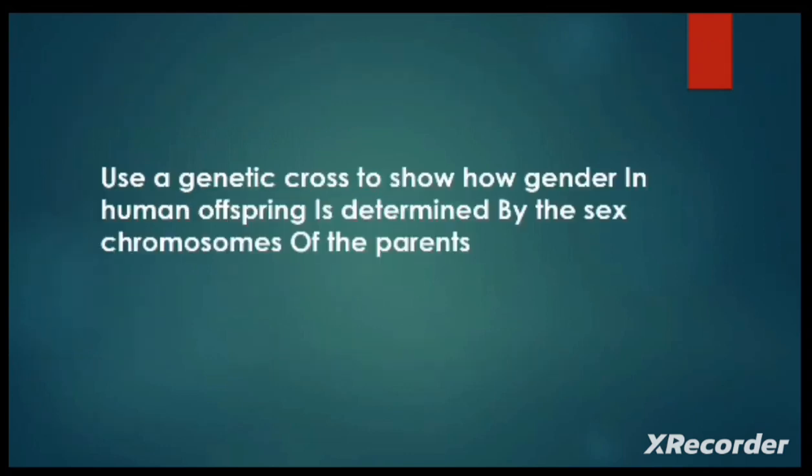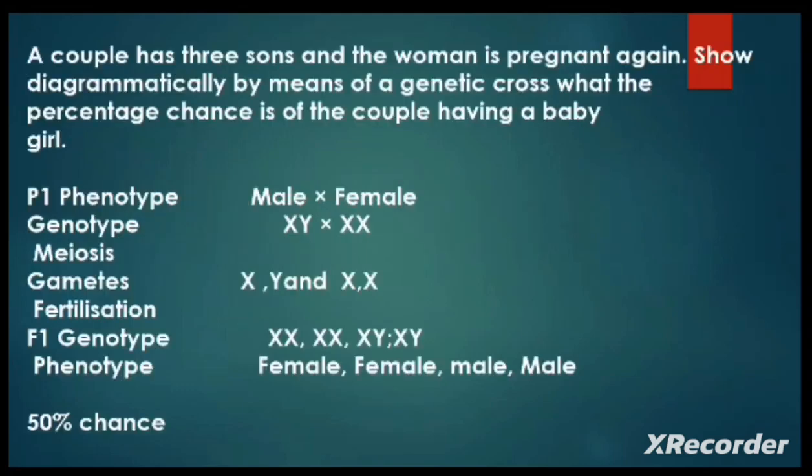So this question might also come this way. Use a genetic cross to show how gender in human offsprings is determined by the sex chromosomes of the parents. If they ask you this question, what you're going to write is the same thing that I've just written there. F1 phenotype, genotype, meiosis, gametes, till phenotype down there, and you're going to substitute male times female, XY times XX, X, Y, and X, X, and you write the genotypes XX, XX, XY, XY.